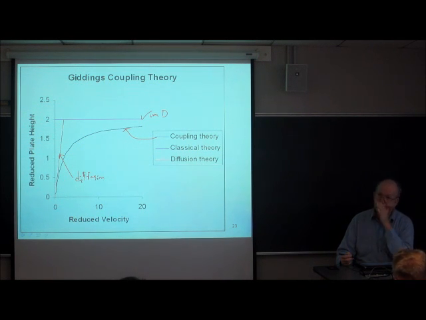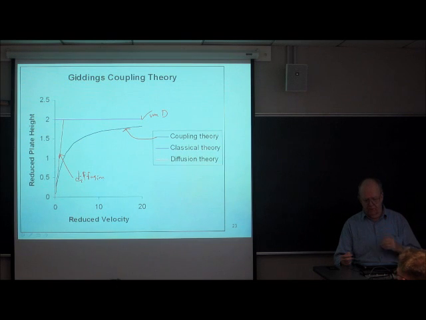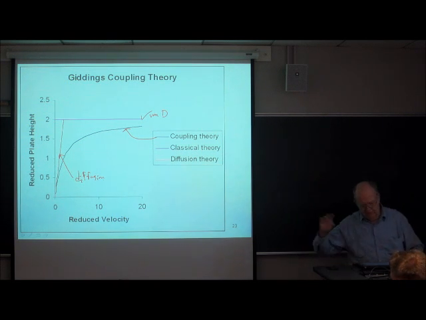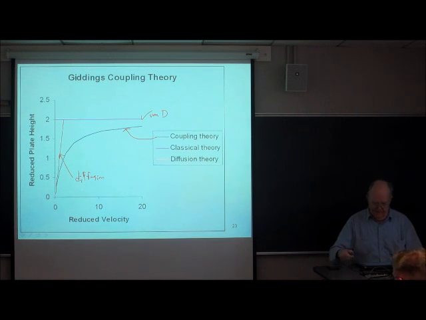Turns out that Giddings does a pretty good job of fitting the real data. Not a great job. It seems to work better for gas chromatography than for liquid chromatography. And we'll address specific equations for liquid chromatography a bit later on.